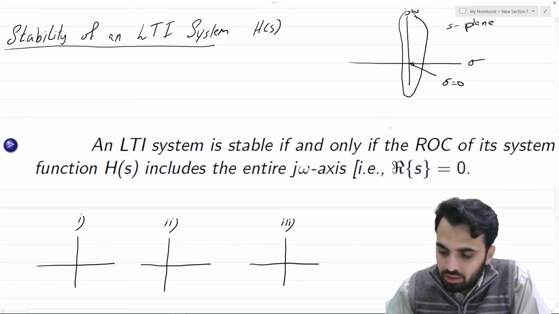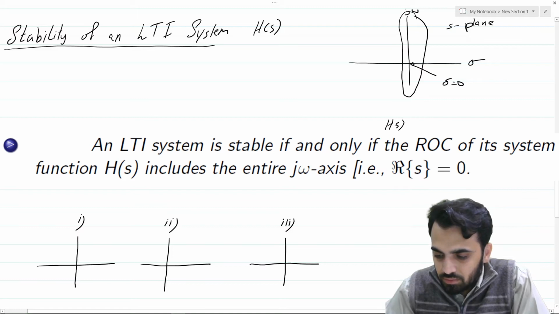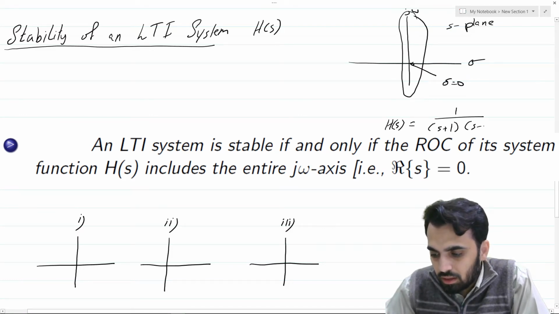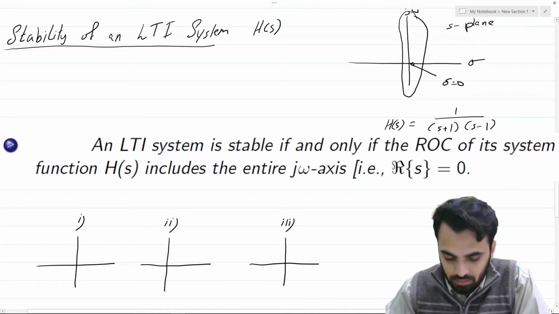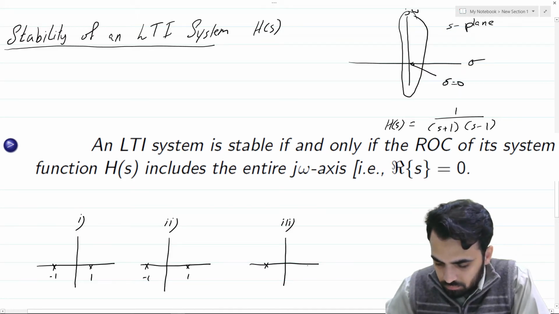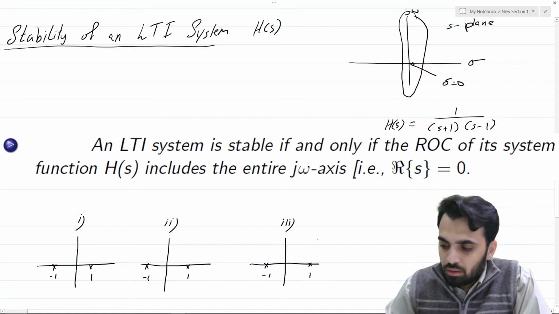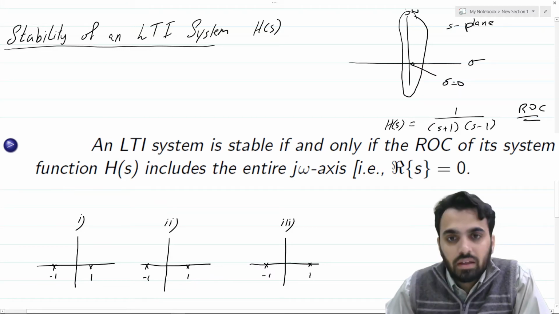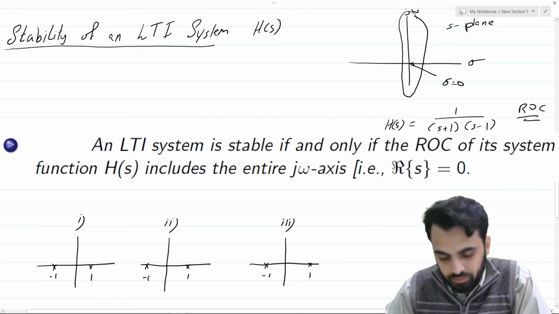And say for all of these cases, the system function H(s) is equal to 1 over (s + 1)(s - 1). So that means we have a pole at -1 and +1. Now the ROC can be in 3 different forms.